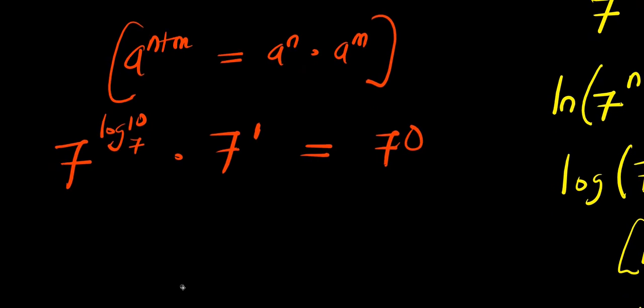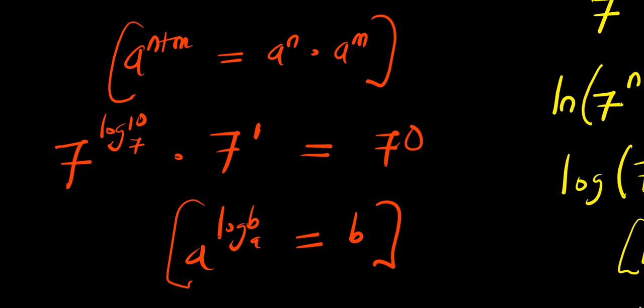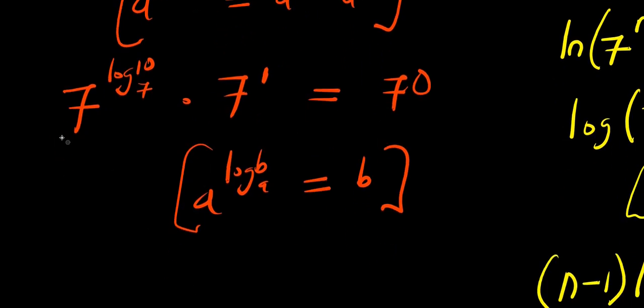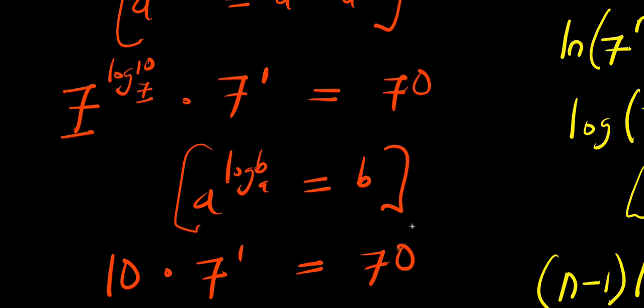Now remember this identity. If you have a power log b to the base of a, this equals b. So this is 7 to the power of log 10 to the base of 7. So this will give us 10 times 7 power 1 equals 70.